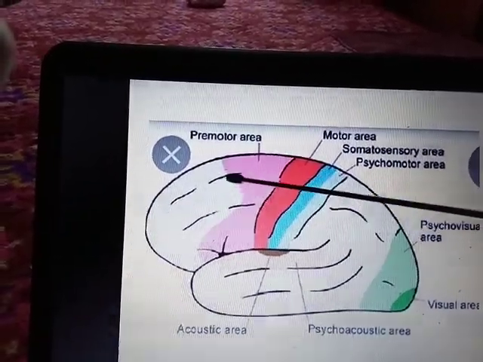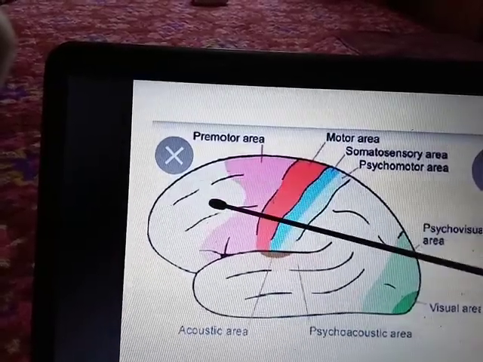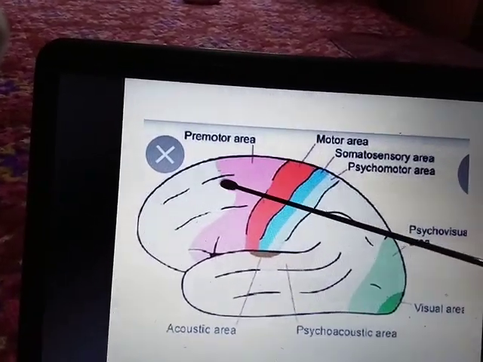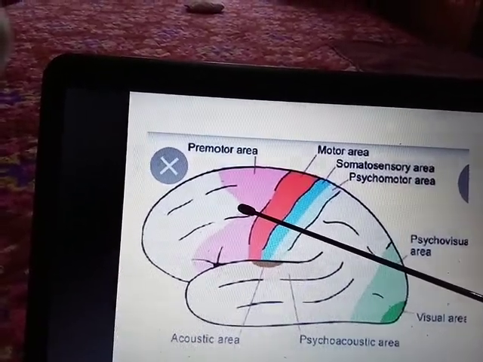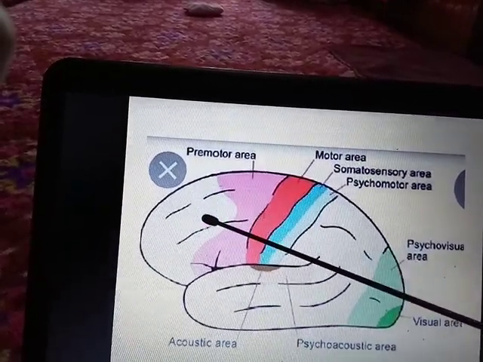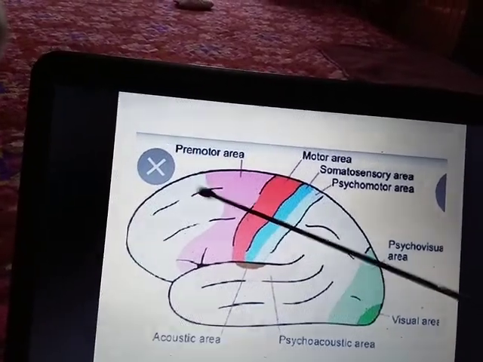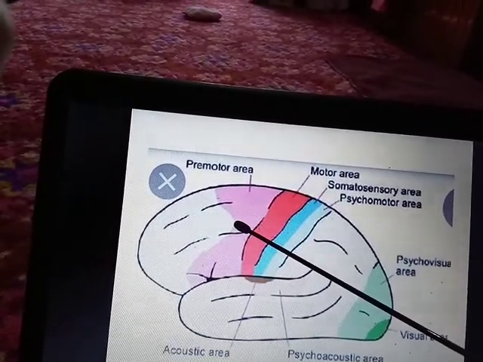The middle frontal gyrus has a connection with eye movements. It helps to move the eyes in opposite directions. This area of the middle frontal gyrus is called the frontal eye field.